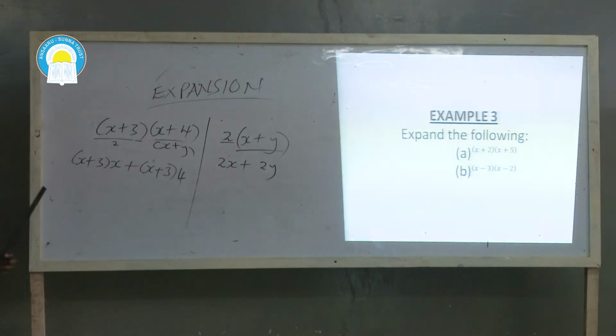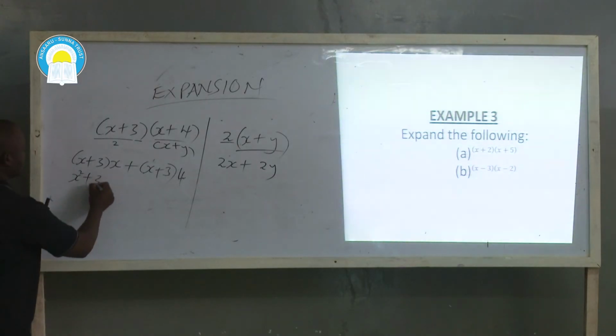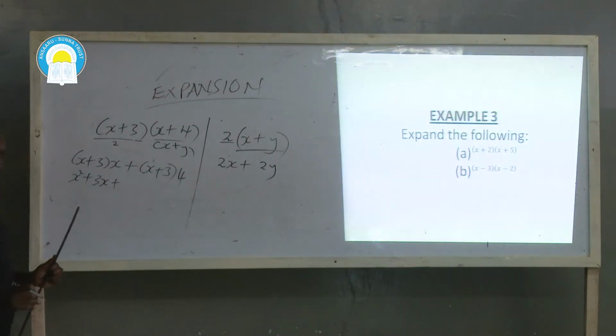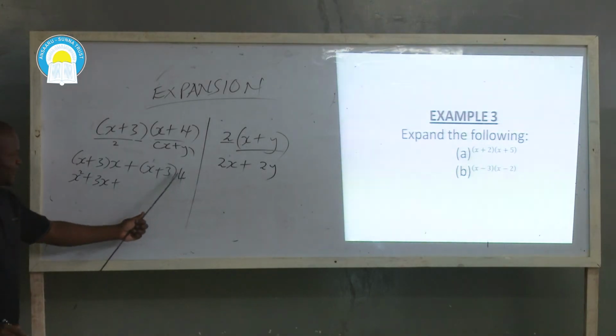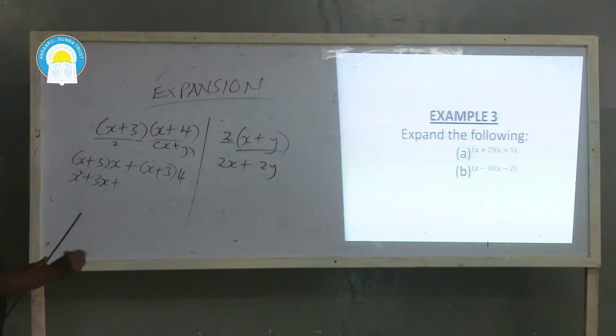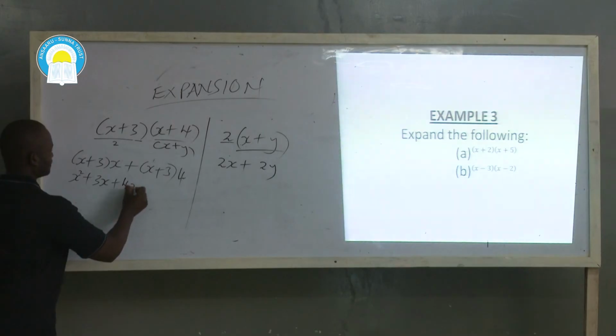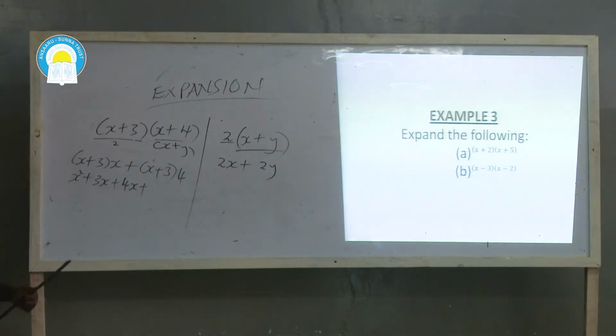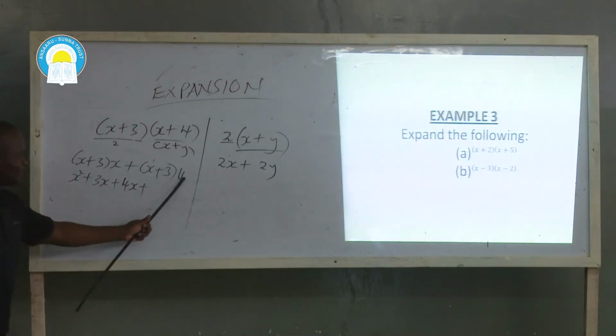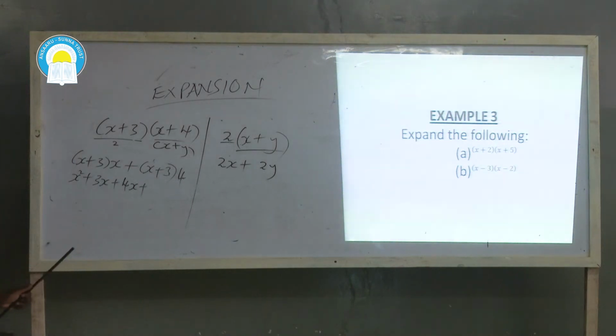So multiply this and that to give you x squared. Multiply this by that to give you 3x. Then multiply 4 by that to give you 4x. Lastly, multiply 4 by 3 to give you 12.